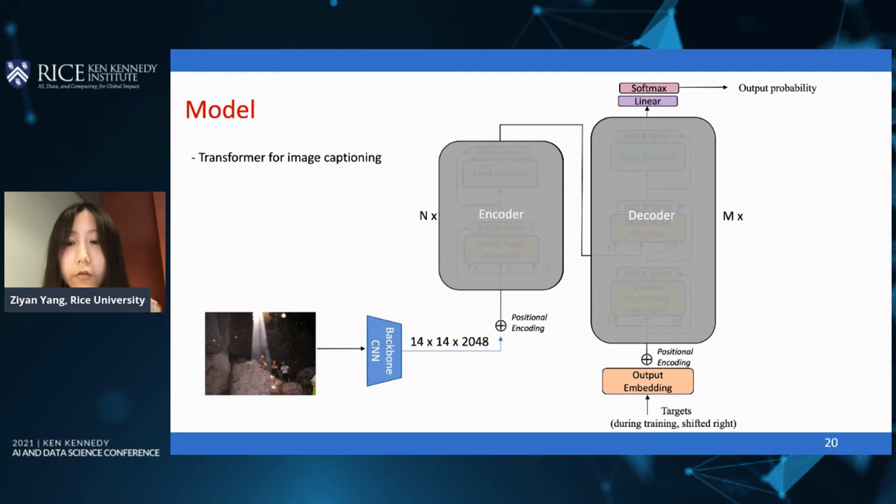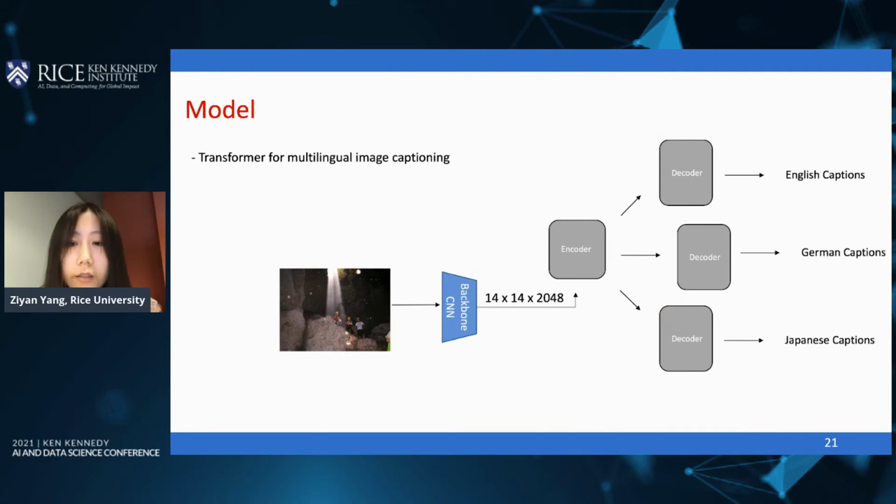Our transformer encoder takes image features as a sequence of features, just like a long sentence of text features. Then we use the transformer model for multilingual image captioning. The transformer encoder is shared by all the transformer decoders, and different transformer decoders generate captions for different languages.